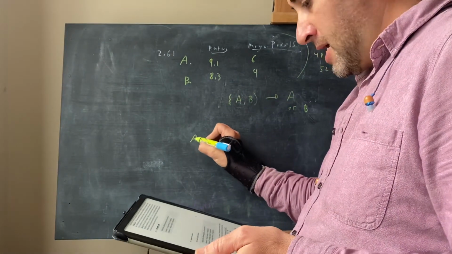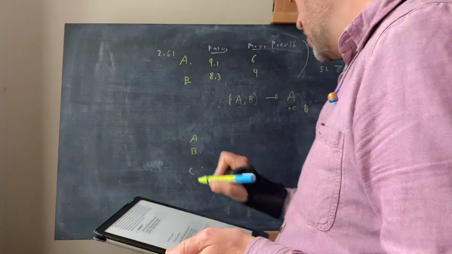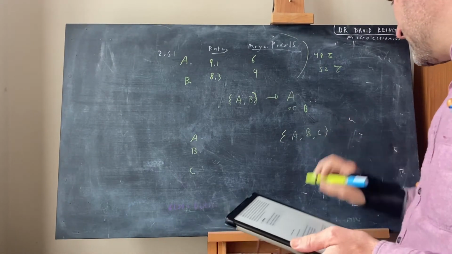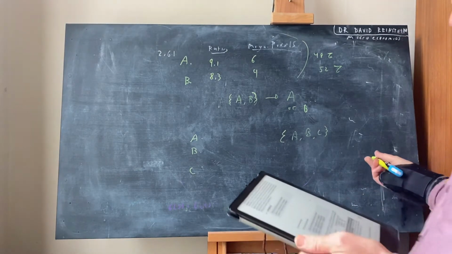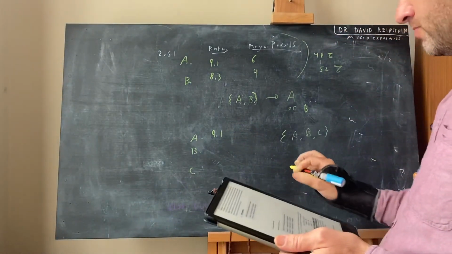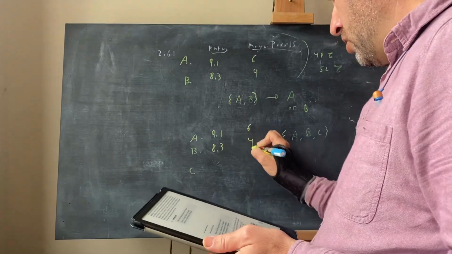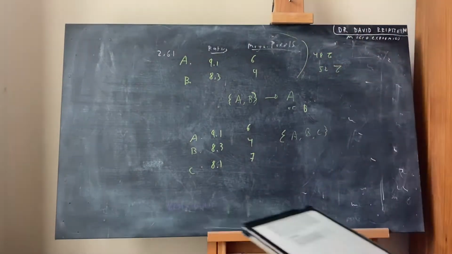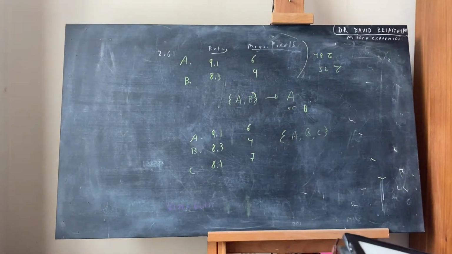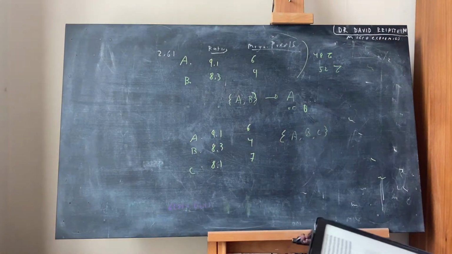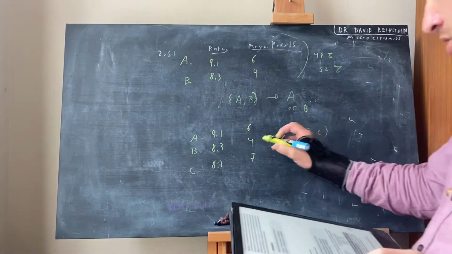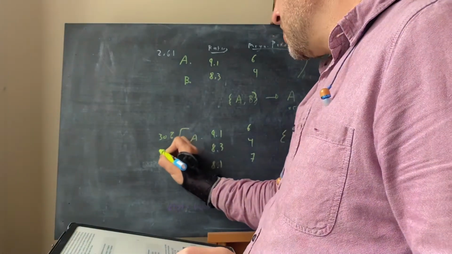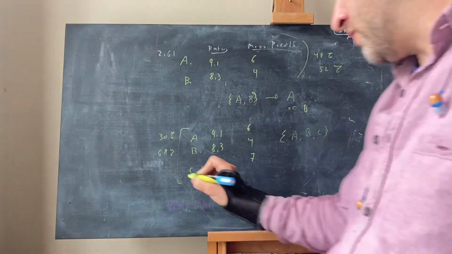But when you present them with the choice set A, B, C, where A and B are as above, 9.1 and 6, 8.3 and 4, and then finally 8.1 and 7 for ratings and megapixels, the choices in their survey were about 30% for A, 68% for B, and 2% for C.